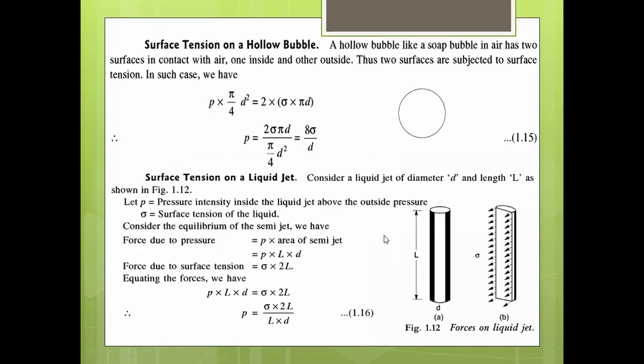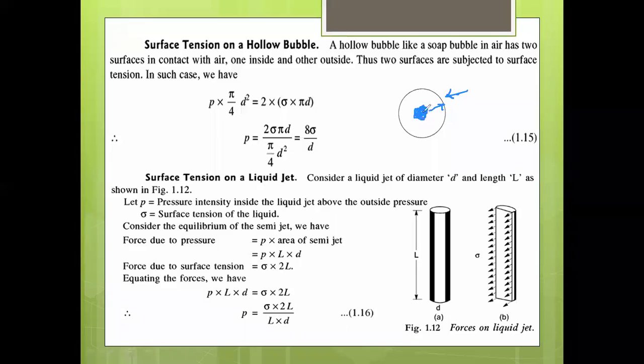Next, write down the title: surface tension on a hollow bubble. If there is a hollow bubble like this, there will be pressure acting on the surface of the liquid from outside as well as from the inside, because here is also air.